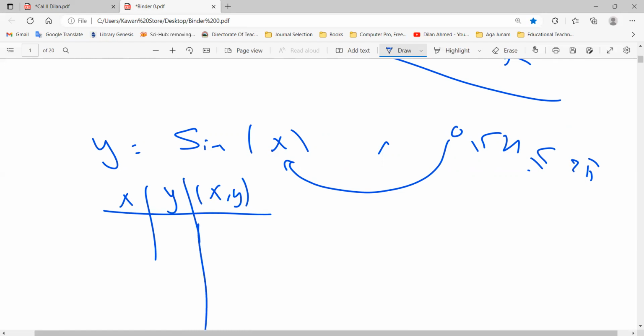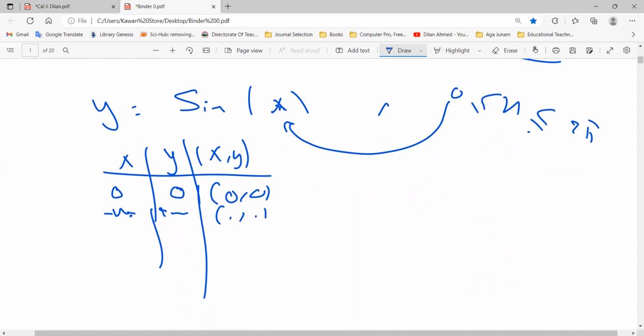If I say x is 0, I put 0 here. Sine of 0 is 0, so the point will be 0, 0. When I say, for example, x to be 1, it will be sine of 1, a positive number, and here will be a positive number, so I have two small positive numbers.